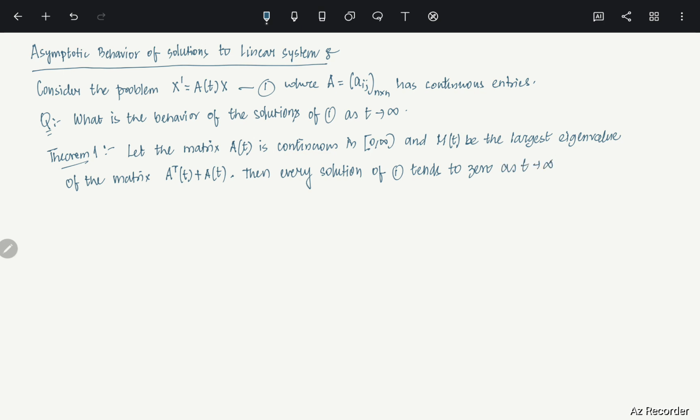So basically every solution, what I am saying is, they are not only bounded, they tend to 0 as t tends to infinity, provided the integral of m(t) from 0 to infinity is minus infinity. This doesn't have to be 0, it can be from any t naught, doesn't matter. So basically what it is saying is the tail part should be minus infinity, the integrability.